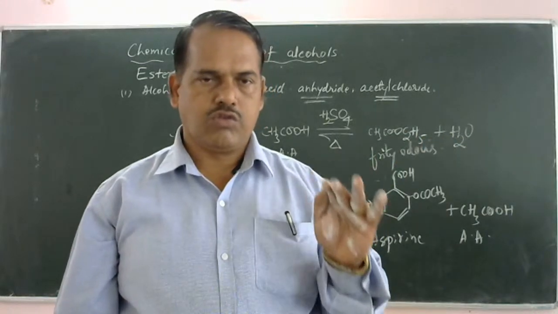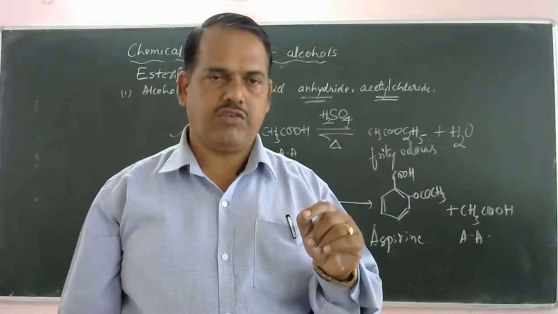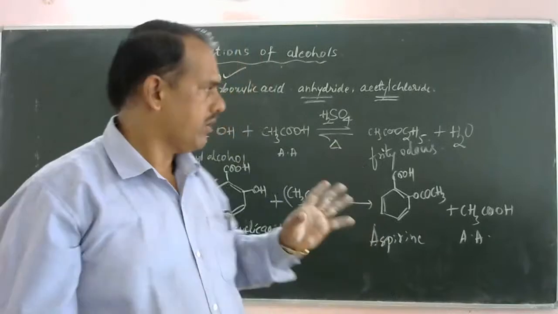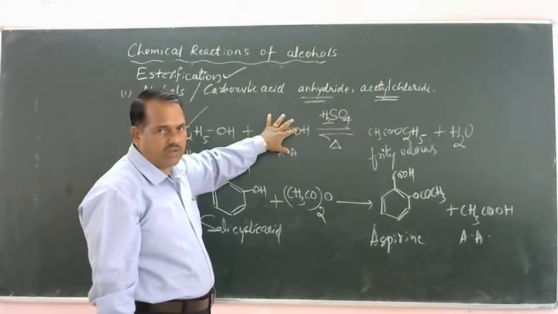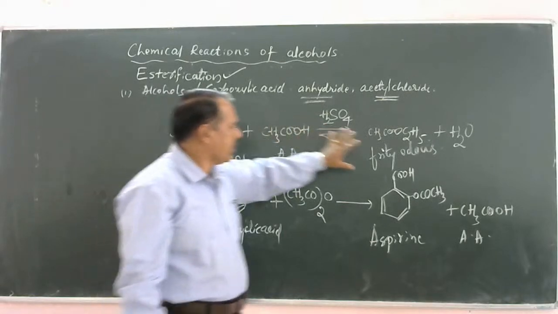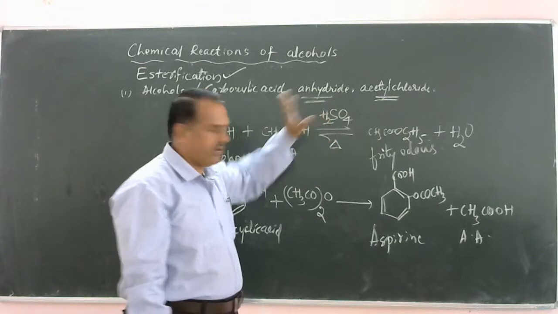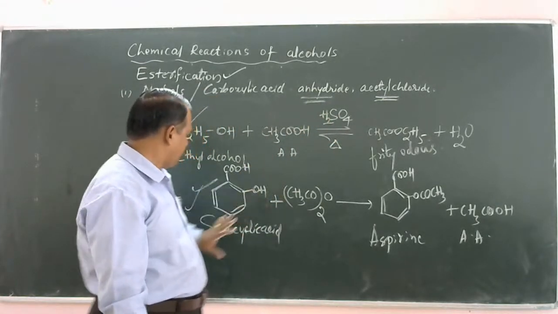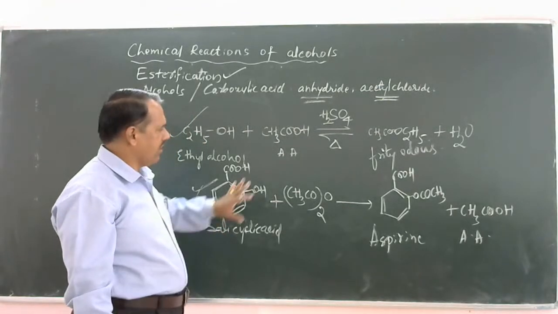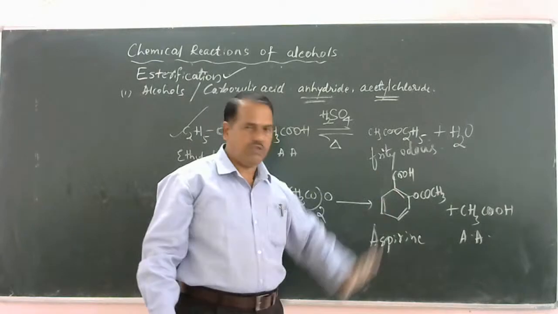Then you studied esterification, the reaction of alcohol with carboxylic acid. So we will get an ester in the presence of concentrated H2SO4. Again, aspirin is formed when salicylic acid reacts with acetic anhydride.